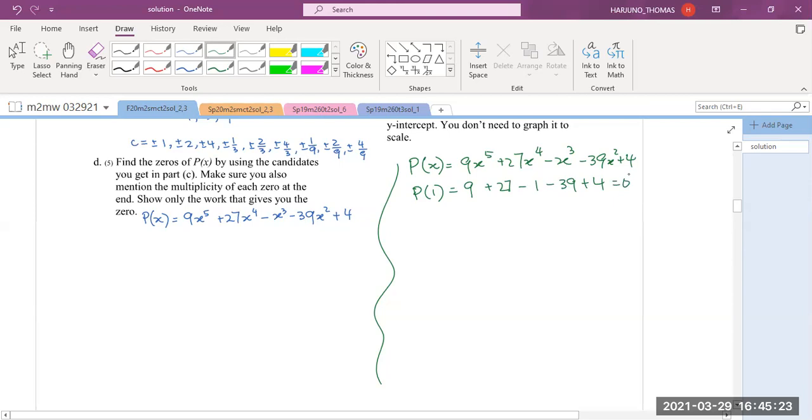Right? Okay, now, so if x equals 1 is a 0, then x minus 1 is a factor. Is it right?